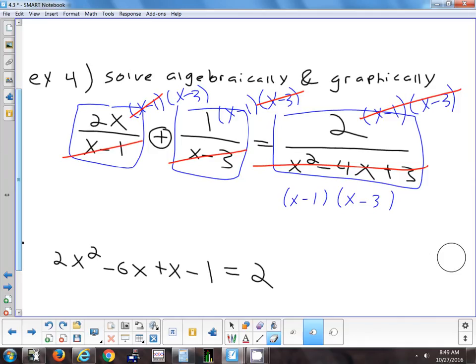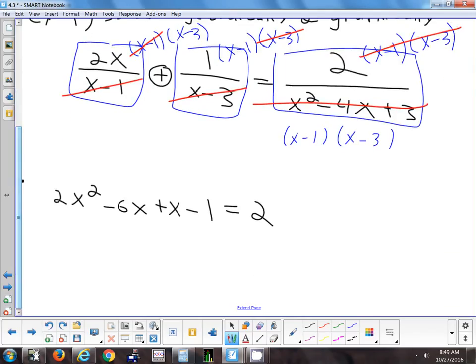Now what kind of equation are we going to end up with in a second? Yeah, another quadratic equation. So get everything on one side. I'm going to get 2x squared minus 5x minus 3 equals 0. Will that one factor?